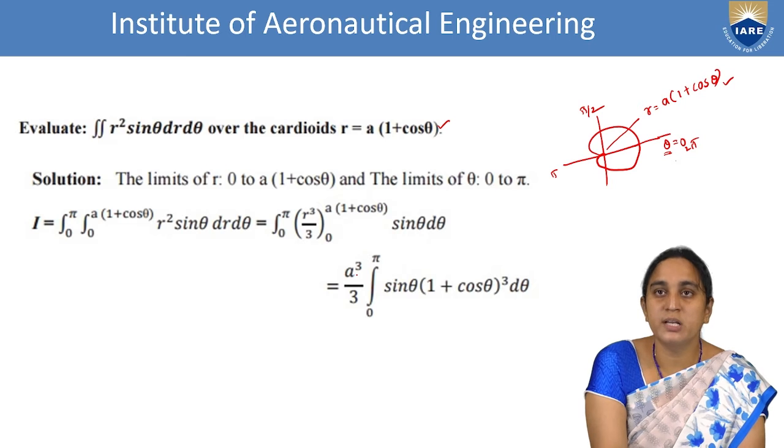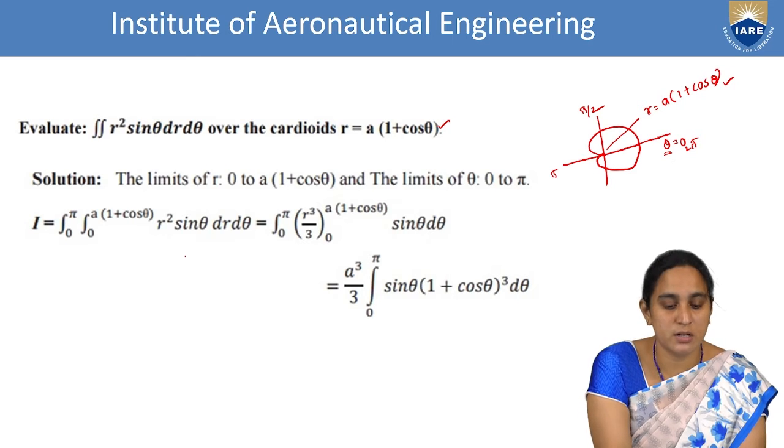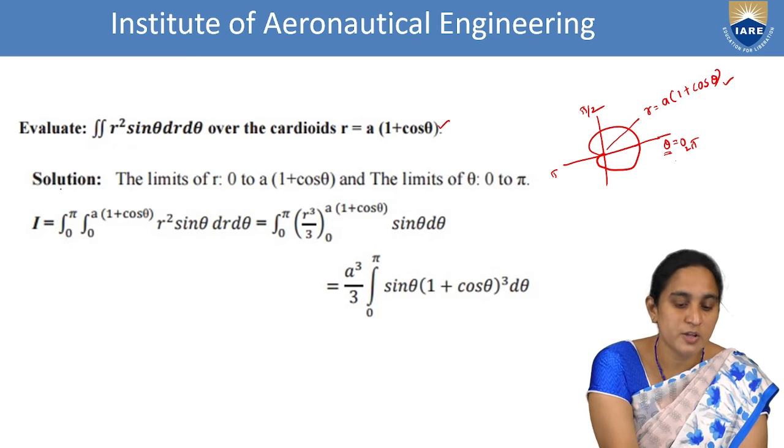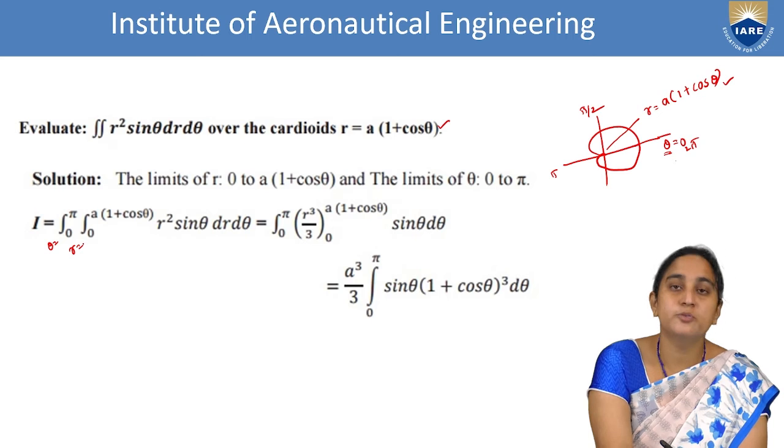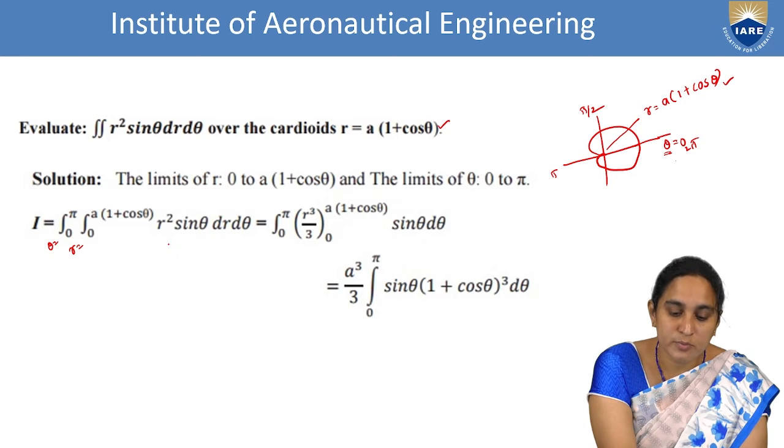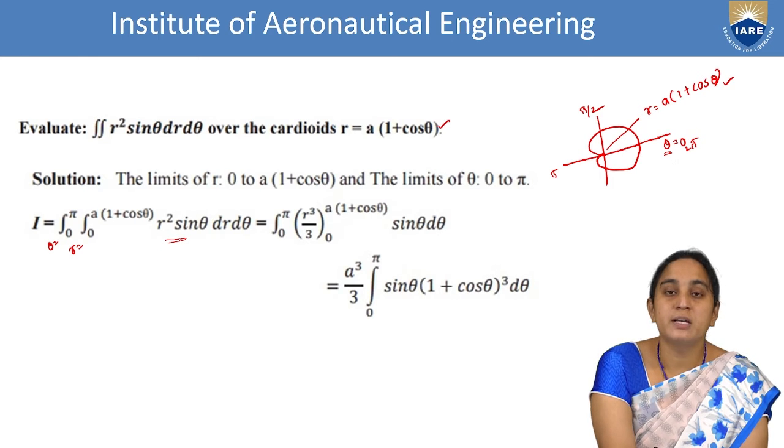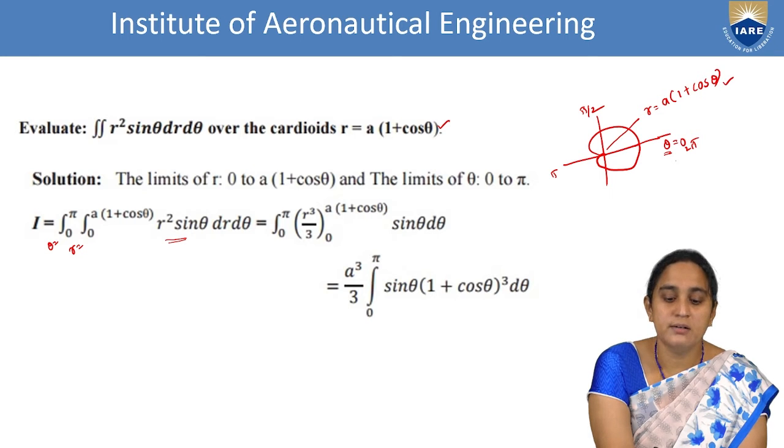Now I am substituting each point in the given question. That is the integral of theta from 0 to pi, and r from 0 to a into 1 plus cos theta, of the function r square sin theta dr d theta.